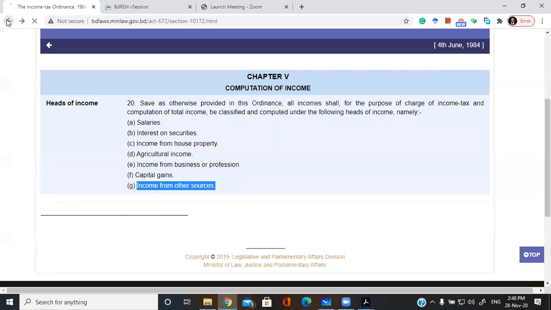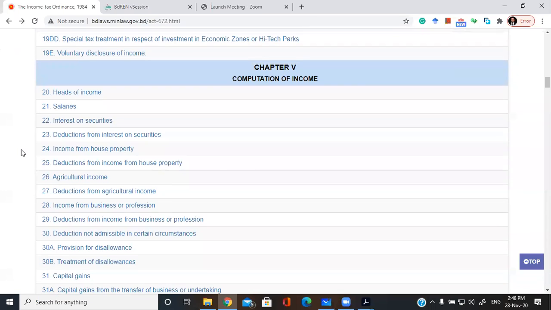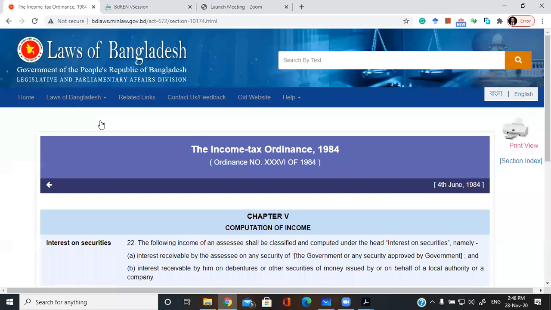We like to concentrate right now on income from interest on securities. So we will try to follow the explanation of income from interest on securities from the ICAB text. The chapter devoted to income from interest on securities is chapter 5.